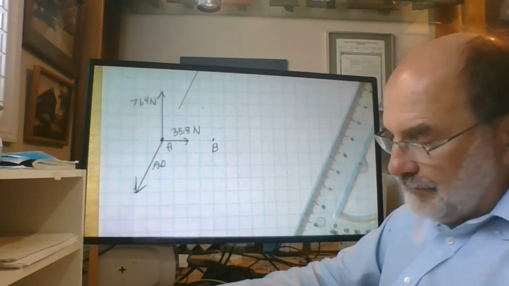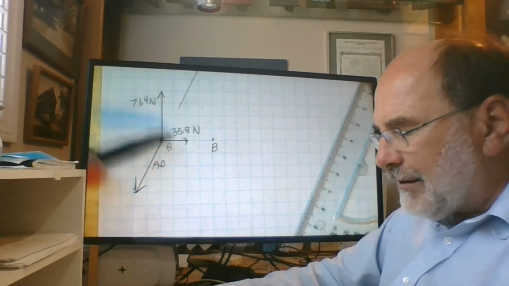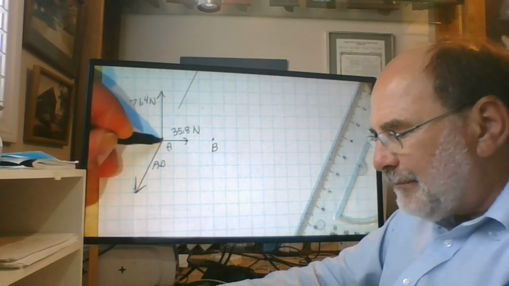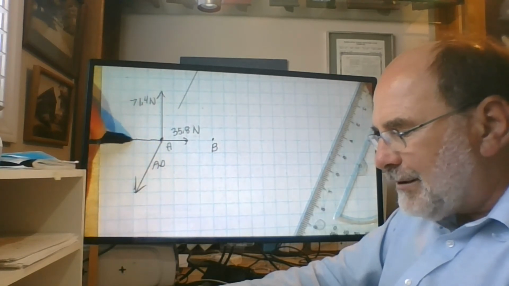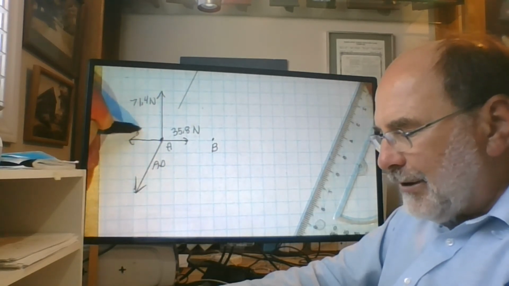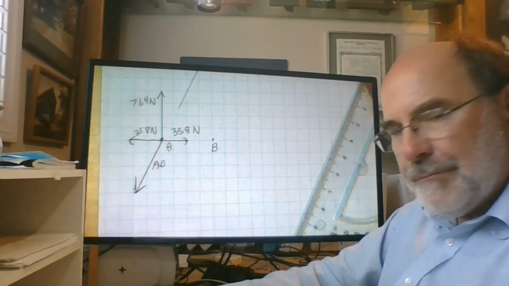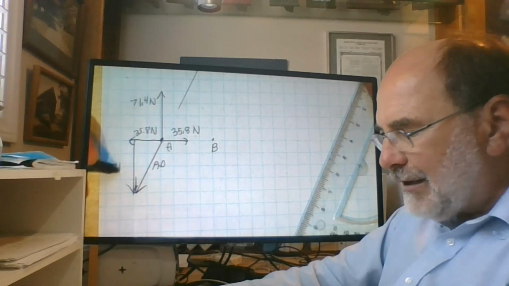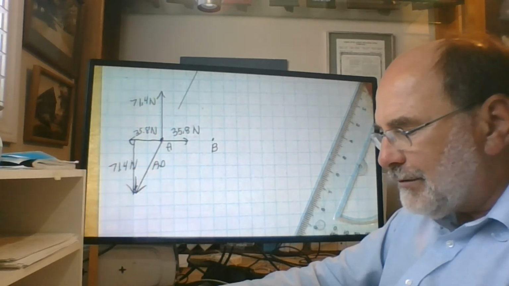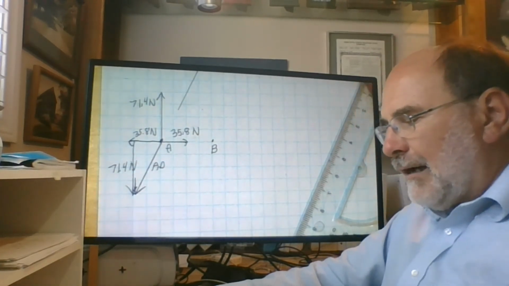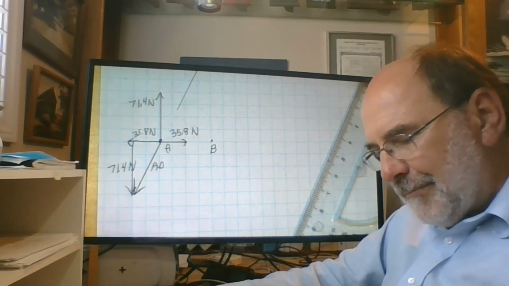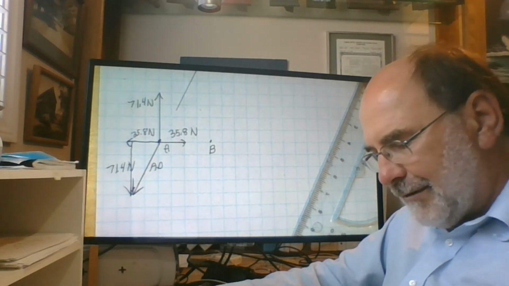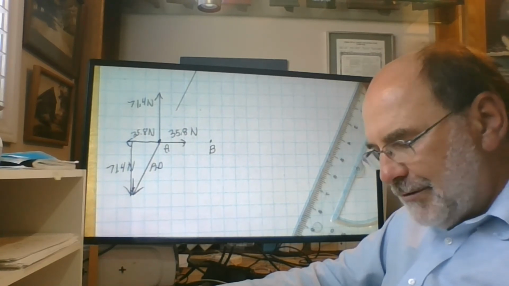And for the components to work out correctly, its horizontal component must be 35.8 newtons. Its vertical component must be 71.4 newtons. And I would close this out by powering up my calculator and calculating Pythagorean's theorem.